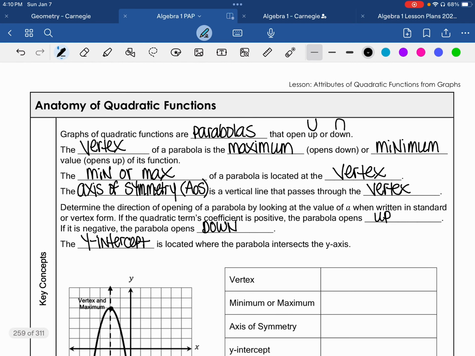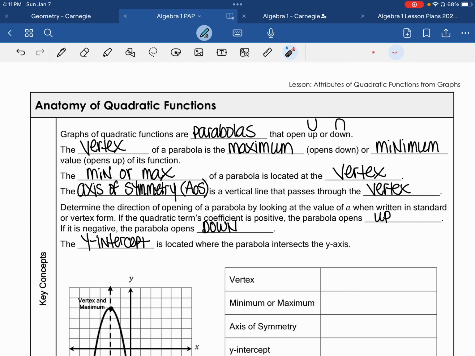All right, let's go ahead and look at the anatomy of quadratic functions. Graphs of quadratic functions are parabolas that open up. This is what an open up parabola looks like, or down, that's what they look like. The vertex of the parabola is the maximum when it opens down, or the minimum when it opens up, of the function.